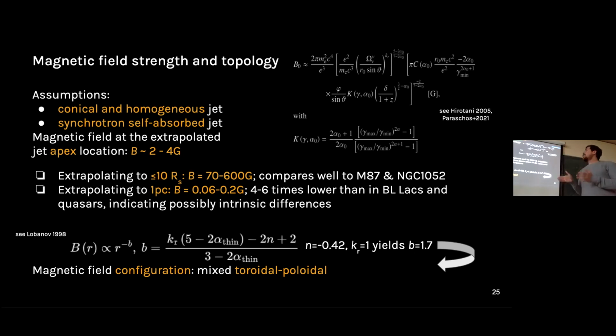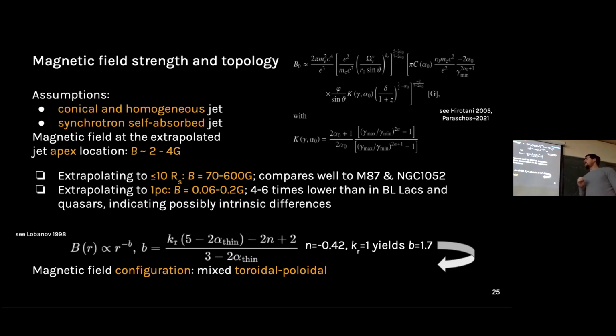Then we also wanted to look at the topology. So again, the assumption is that the magnetic field drops as a power law with a power law index b, then b is given by this formula, where, as I said, k is the power law index of the fit of the core shift analysis. Alpha is the optically thin spectral index. Then using n equals 0.42, n is the power law index of the distribution of the number density of the particles.